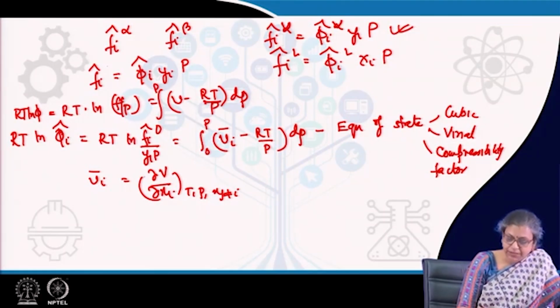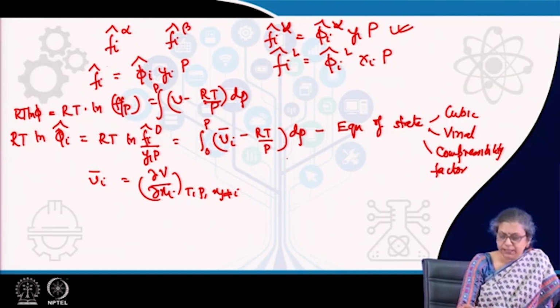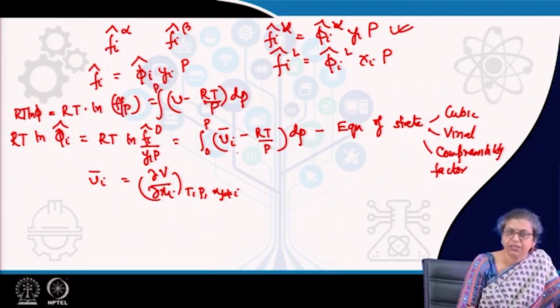This variation we are required to know at every pressure, starting from 0 pressure to P pressure. Finding this becomes very difficult. So, other than the vapor phase, finding f_i liquid is very difficult when component i is in a solution.